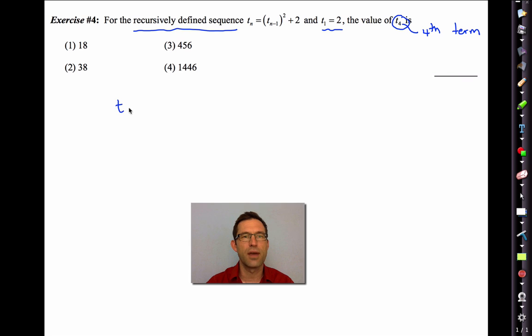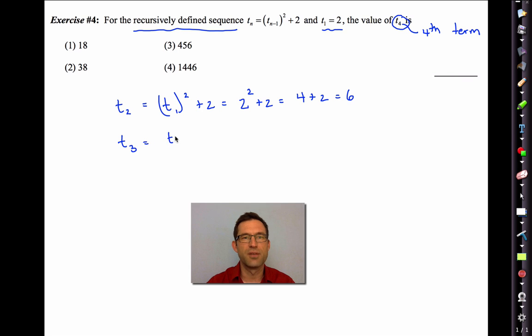So let's take a look at what T2 is. T2 is T1 squared plus 2. So that's going to be 2 squared plus 2. That's going to be 4 plus 2, and that's going to be 6.